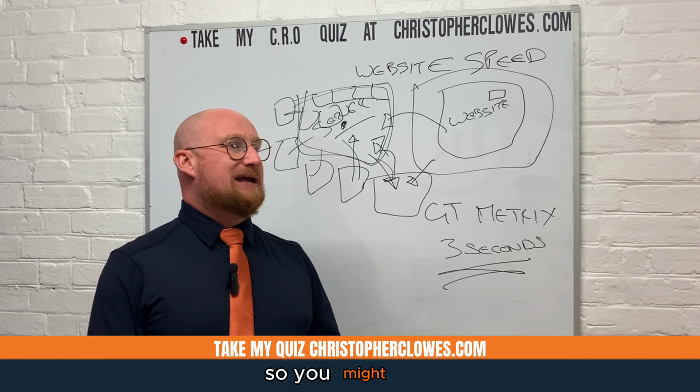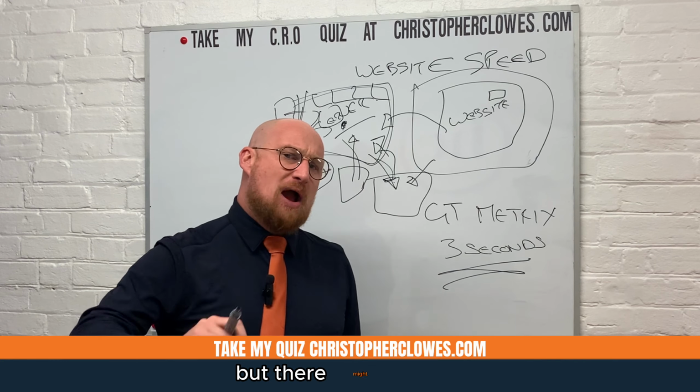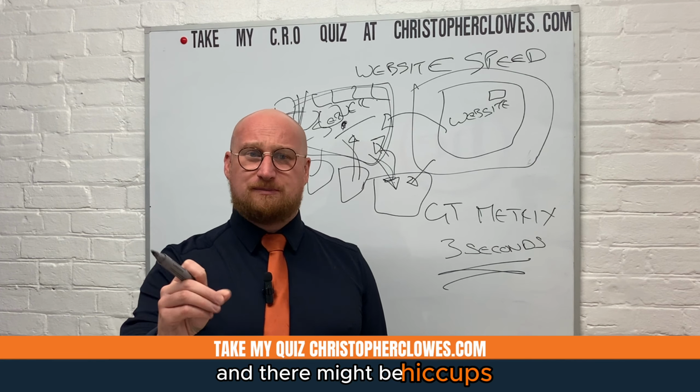So you might hire a chatbot, or you might get something that does cold outreach, or something to do with social media and things like that. But there might be lags, and there might be delays, and there might be hiccups, because they're all pulling back to the same server, because you bought a package of something.